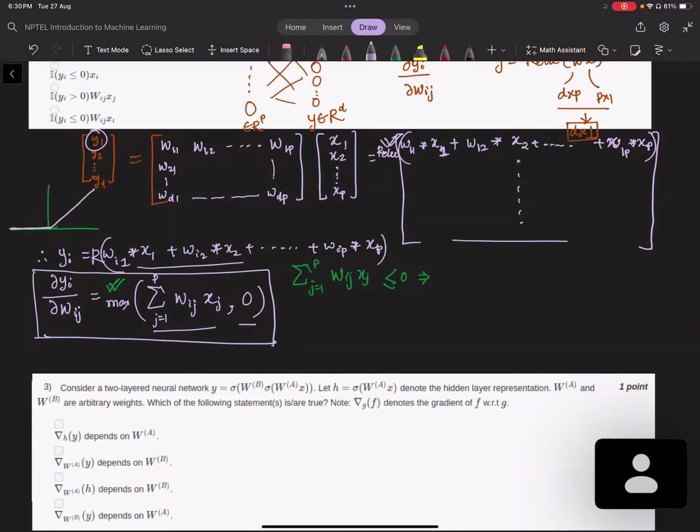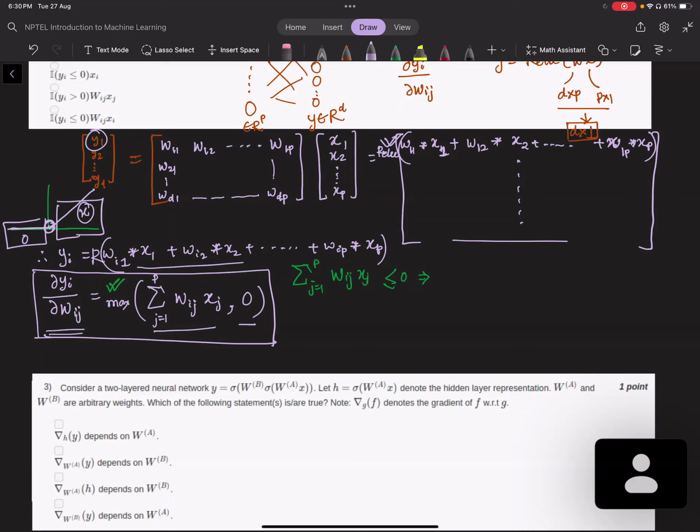It's not differentiable here, because all the values less than 0 give 0, and all the values greater than 0 give x. So what we need to do is differentiate this part and this part separately. So we have our final expression as this.